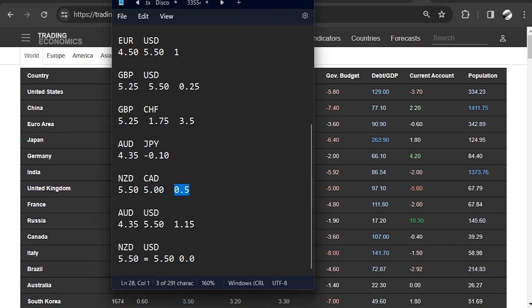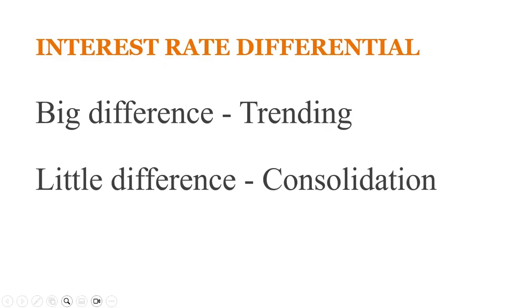So it's as simple as that. In order to know a trending market, you have to look for pairs with a big difference in their interest. Then when we have a little difference in interest rate, it could mean consolidation.